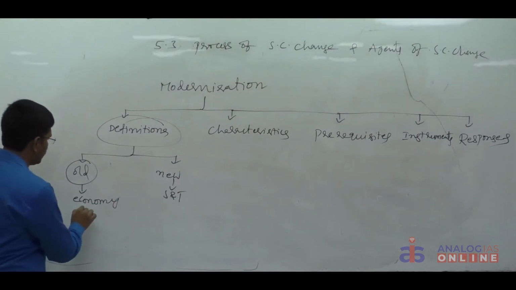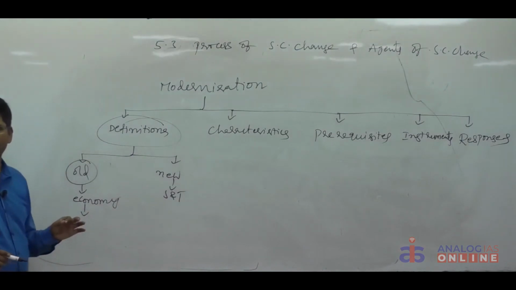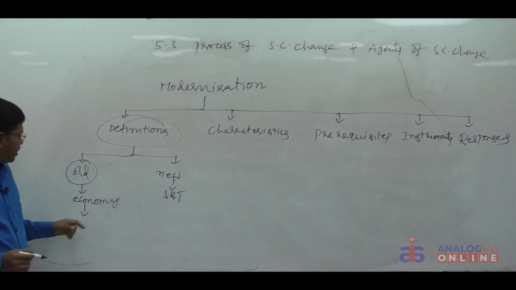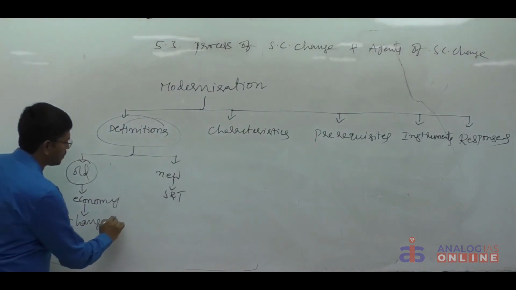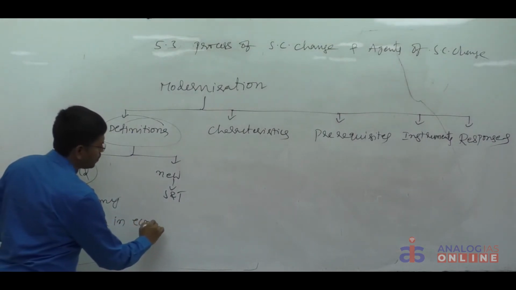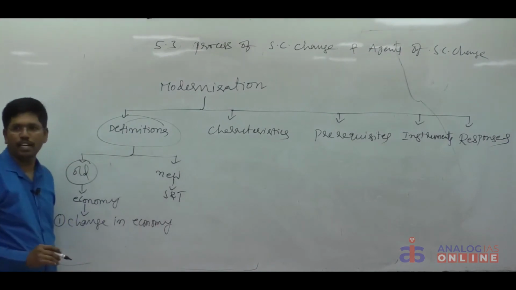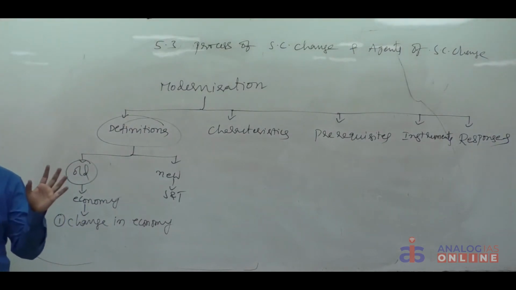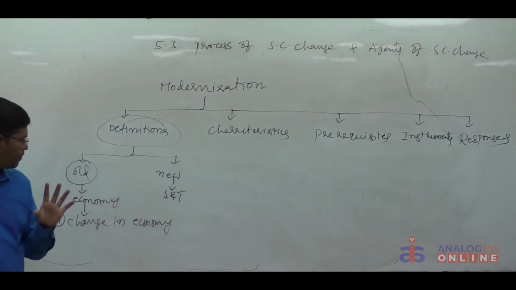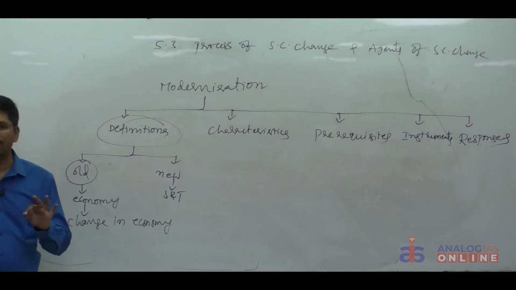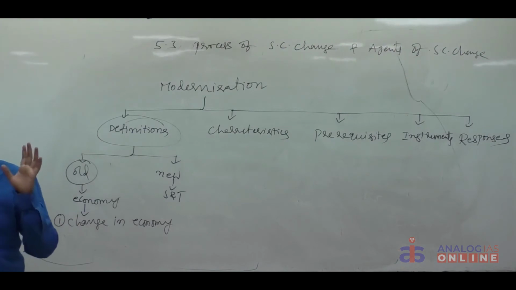In the olden days, they gave the definition like this. There are two important definitions. It is change in economy and its related effects on social values and practices. Very simple. Modernization is nothing but change in economy and its related effects on social values and practices.